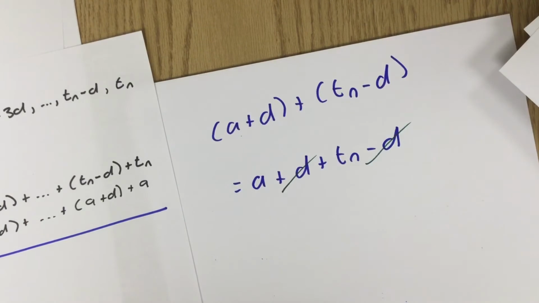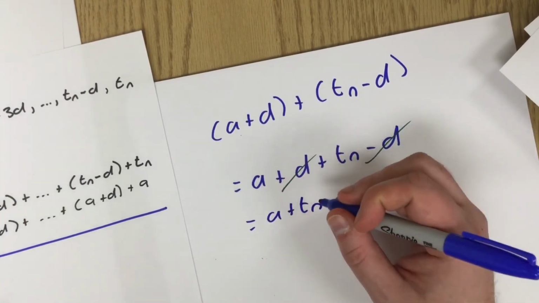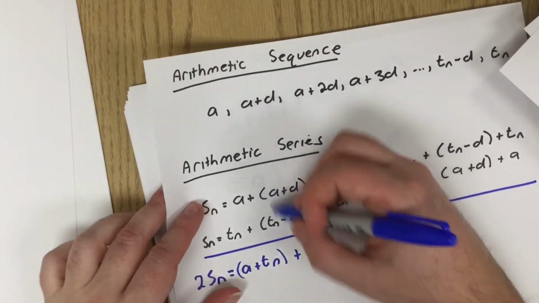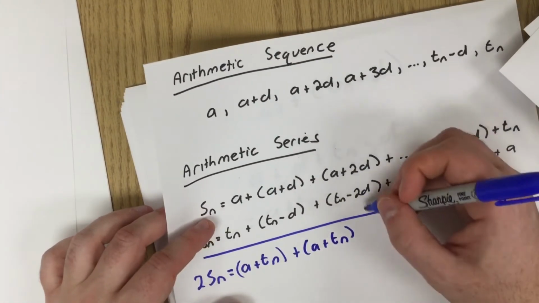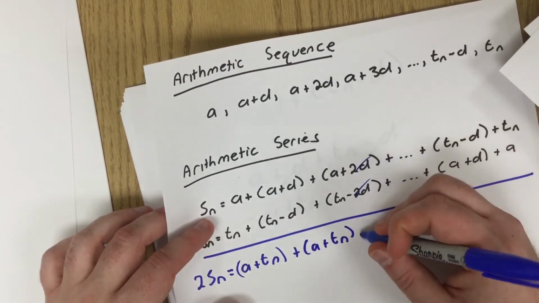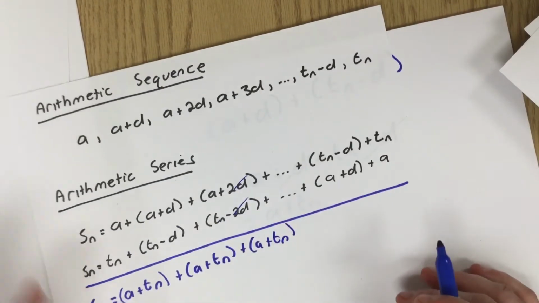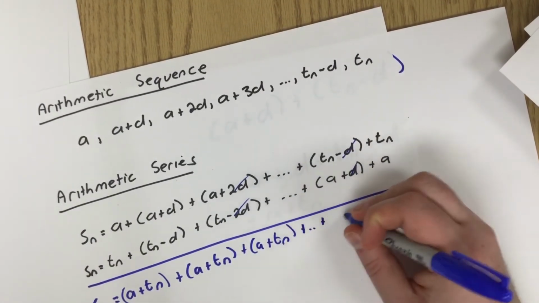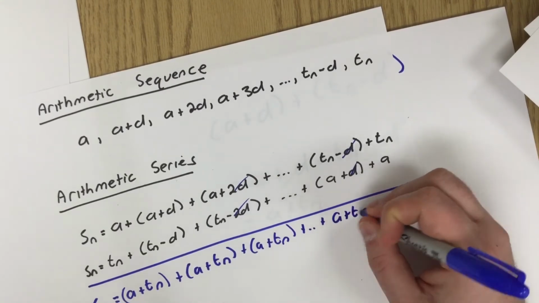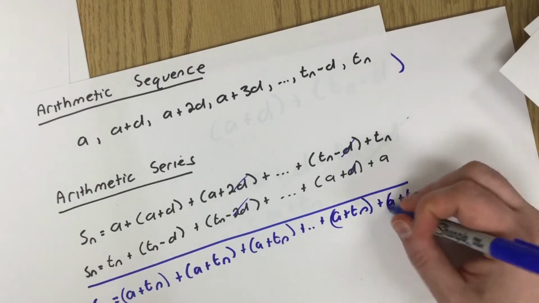The d's cancel, and you end up with a plus Tn. So these two also add up to a plus Tn, and every pair adds up to a plus Tn.